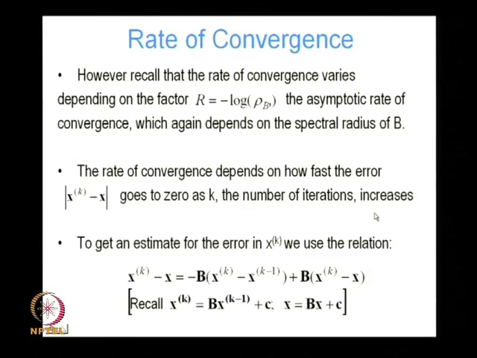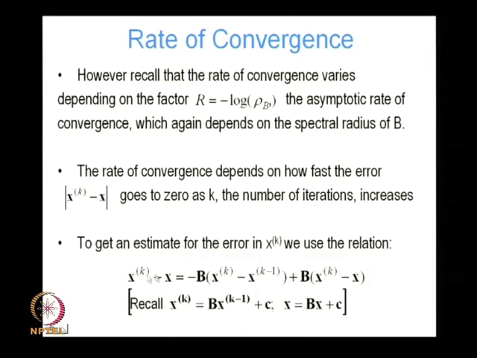So, suppose at iteration k I have a certain error given by this. If it converges fast, the error would go down fast as the number of iterations increases.